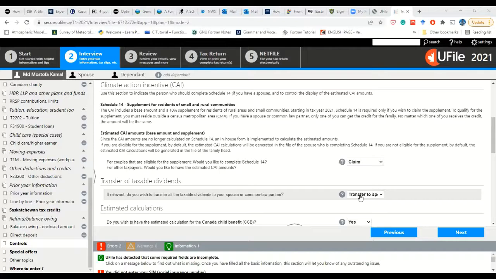But if the government will get some money from you, in that case, if you are late in submitting your tax, you may need to pay some interest on your outstanding tax. So try to submit your tax before April 30, and you still have more than 1 month and 1 week.